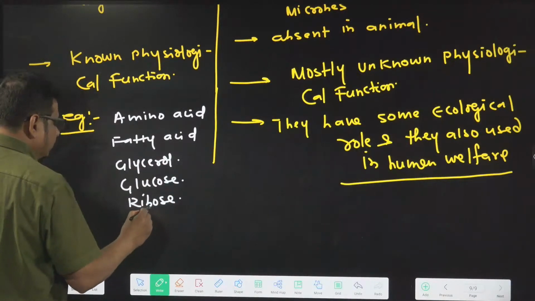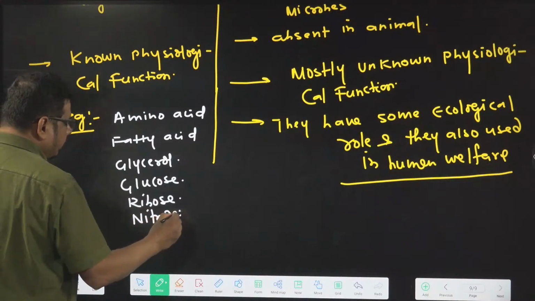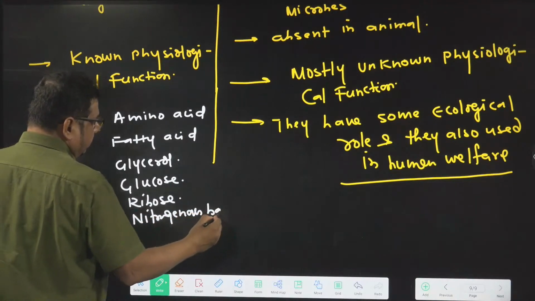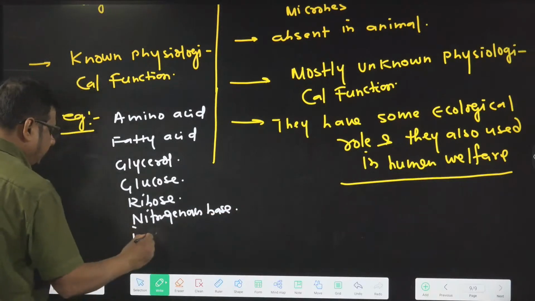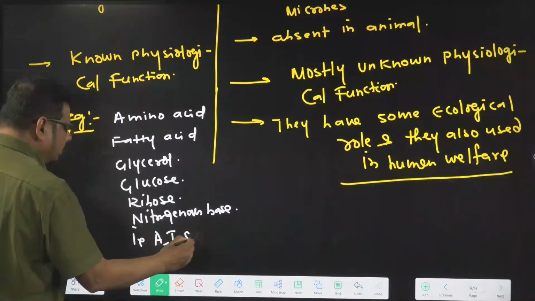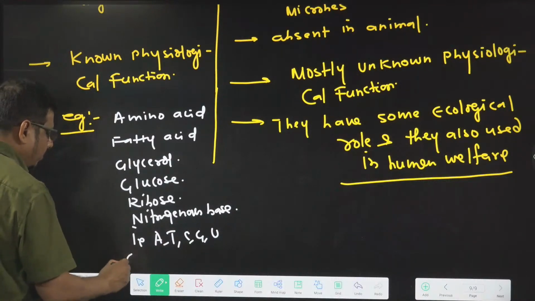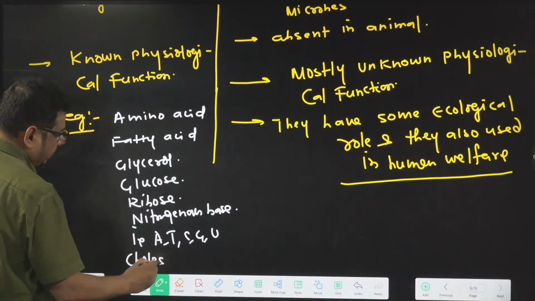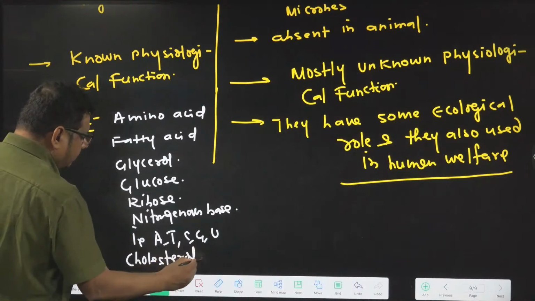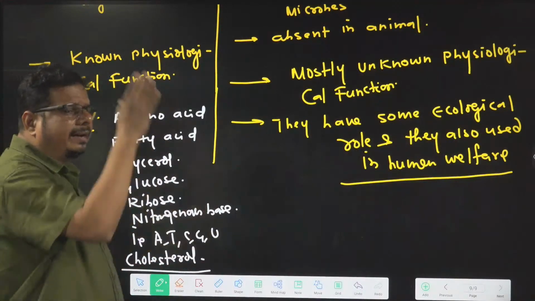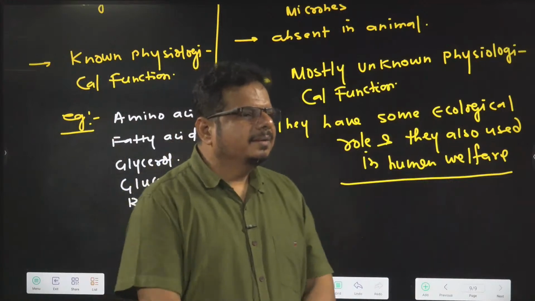Example is nitrogenous base, that is adenine, thymine, cytosine, guanine, uracil. Another example is cholesterol. These examples you can write, the board will fill.